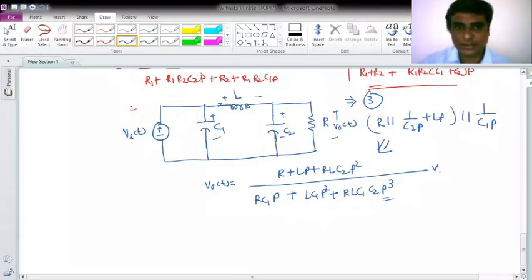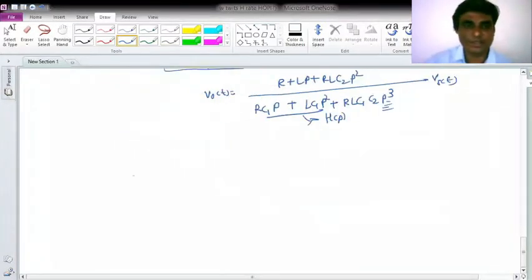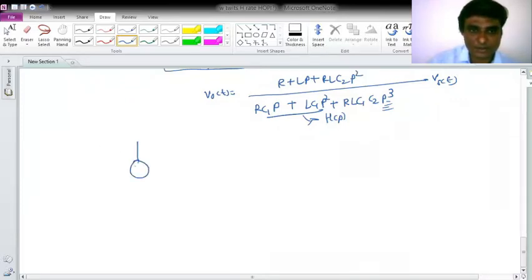And operating on Vs of t. So this is my H of P, and I can see the power of P is 3, that's why the order is 3.